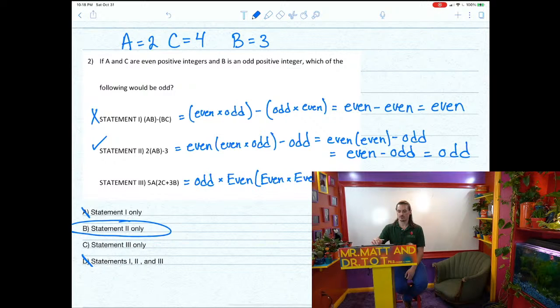I'm sorry, let me scroll up here. Inside the parentheses, make sure that you do multiplication first. So an even times an even will produce an even. An odd times an odd will produce an odd.